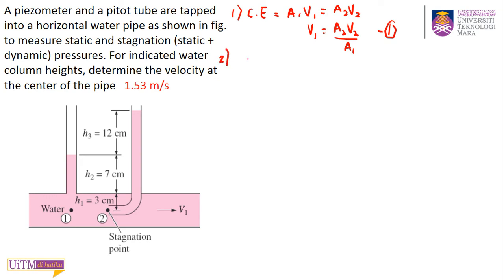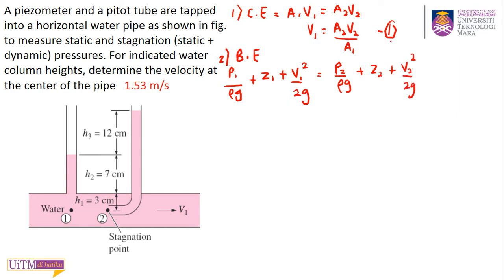Secondly, you need to write your Bernoulli equation, which is P1 over rho G plus Z1 plus V1 squared over 2G equal to P2 over rho G plus Z2 plus V2 squared over 2G.